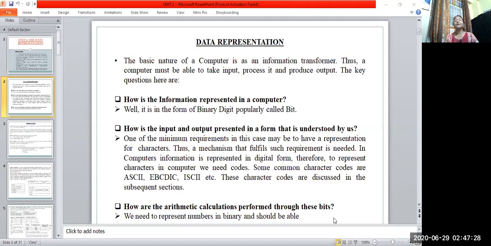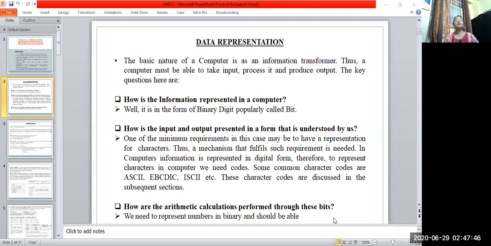Here we are going to learn about the different types of number systems, and how numbers can be converted from decimal to binary, binary to decimal, octal to binary, hexadecimal to binary, or binary to hexadecimal.